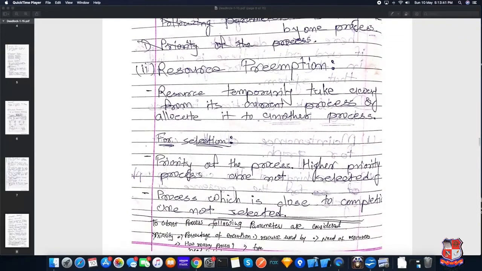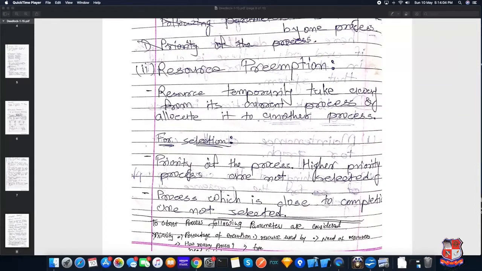The first point is the priority of the process for selection. Higher priority processes are not selected. It means if any process has higher priority, then we cannot select it for resource preemption.